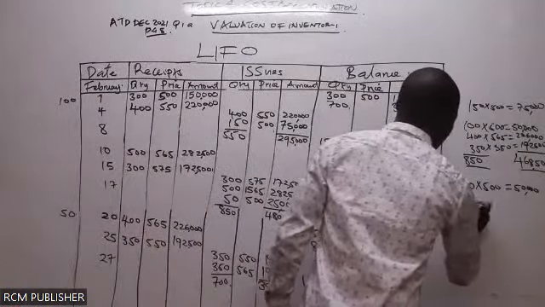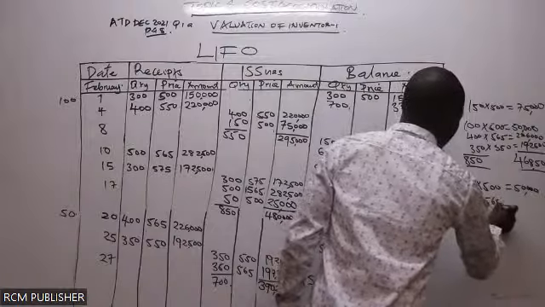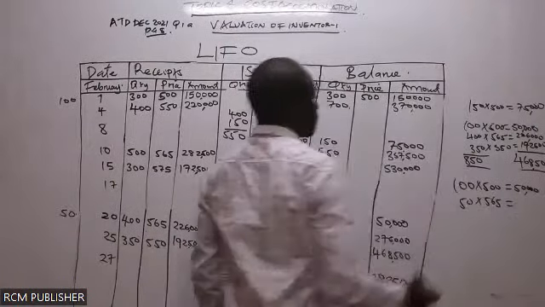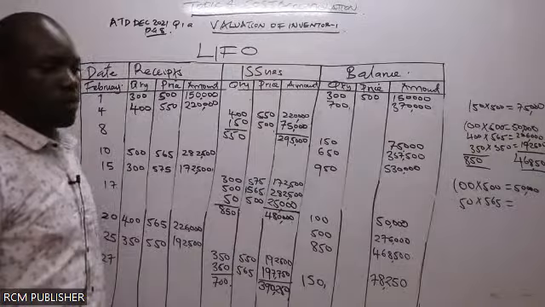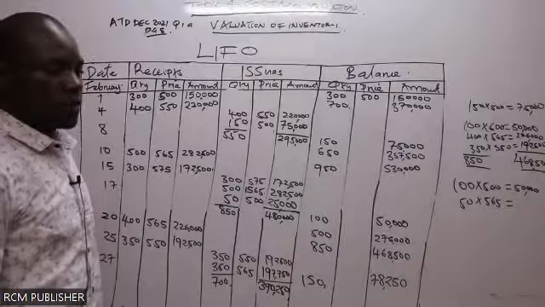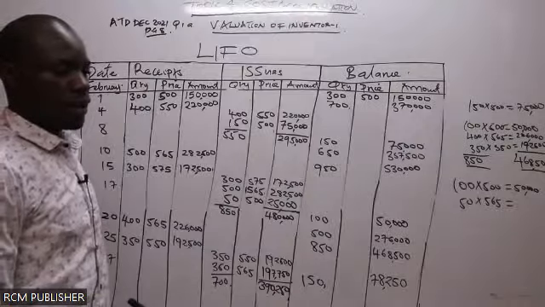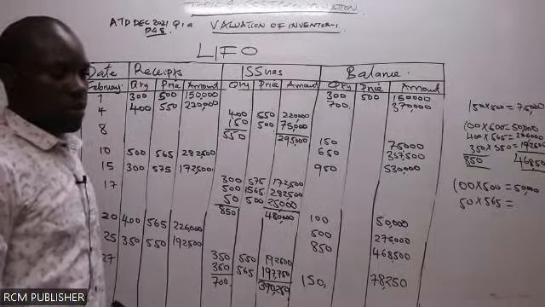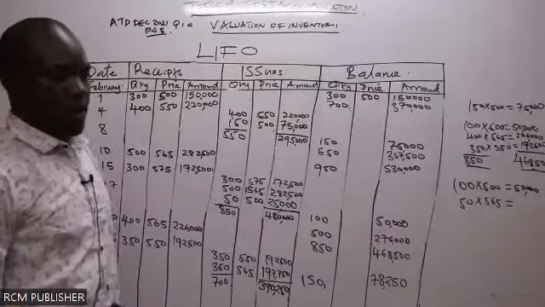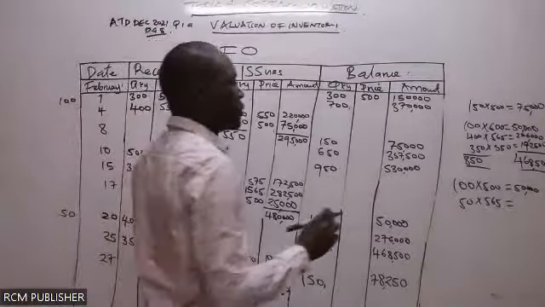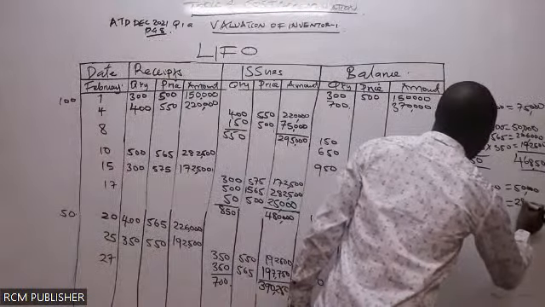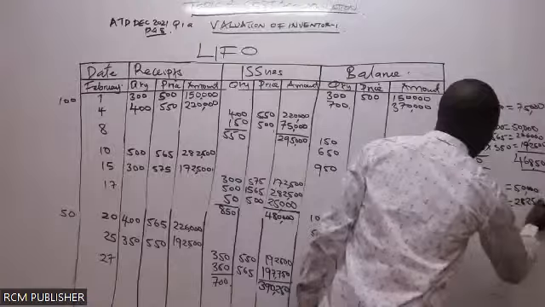So 50 by 565. What are we going to have? Is it 28 something? 50 by 565. What do we have? 28,250.